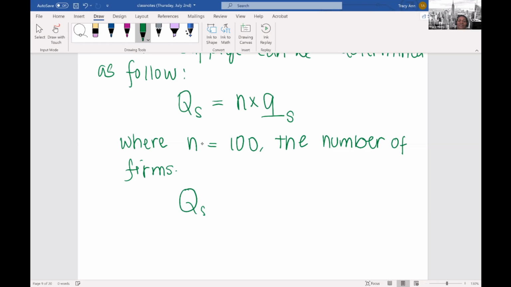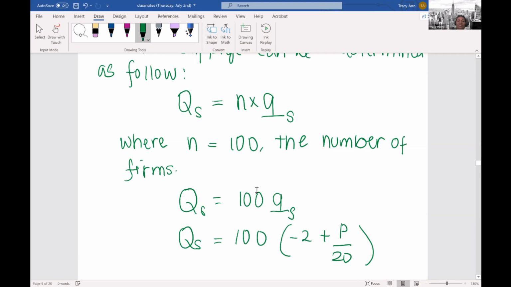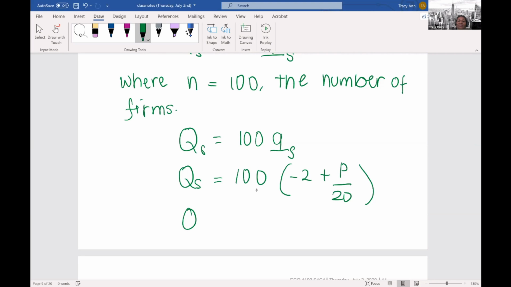So my QS is equal to 100 times little qs. My QS is equal to 100 times (-2 plus P over 20). My QS is equal to minus 200 plus 5P. And this would be the short run market supply.